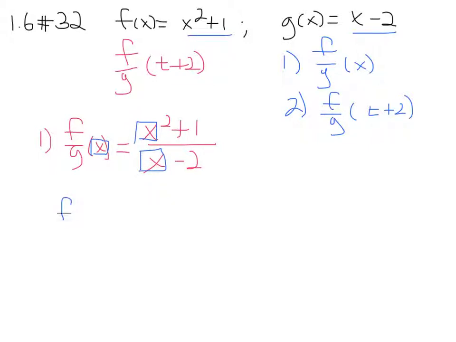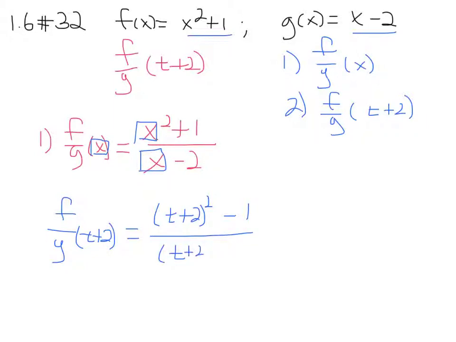So f over g of t plus 2 is going to be equal to quantity t plus 2 squared minus 1 over t plus 2 minus 2.